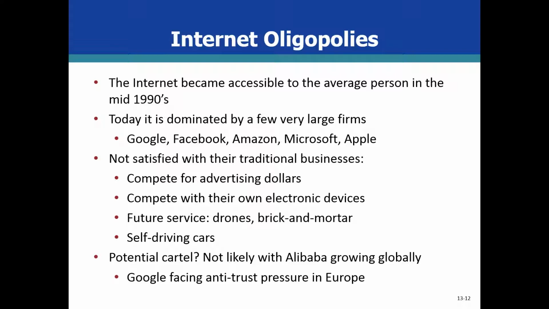Europe's antitrust authorities have recently continued to warn Google that they appear to be restricting competition in the market. So it's not just the United States that looks at antitrust or collusion behavior or at oligopolies. The European group also does the same thing because the market is so large there.